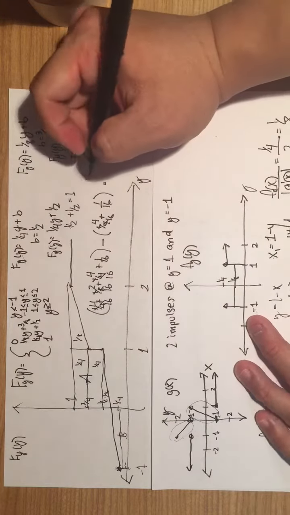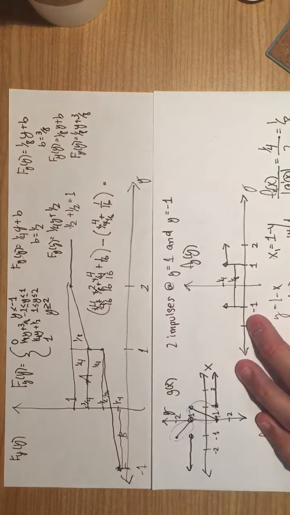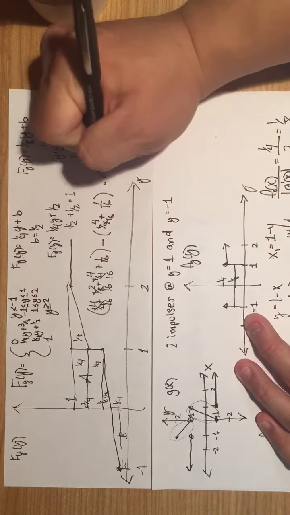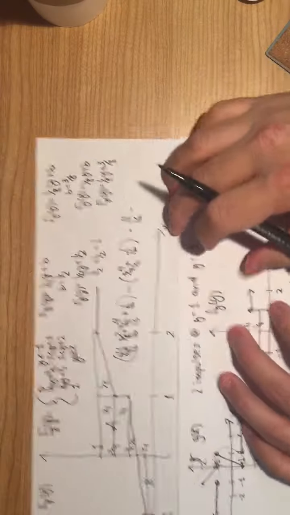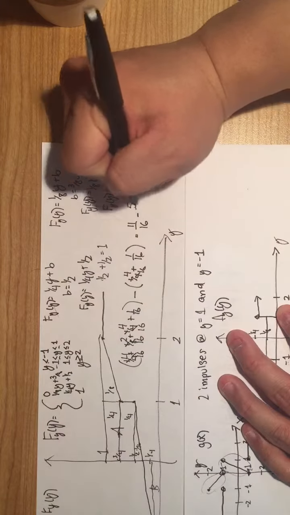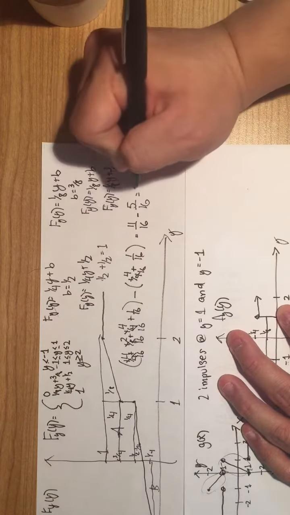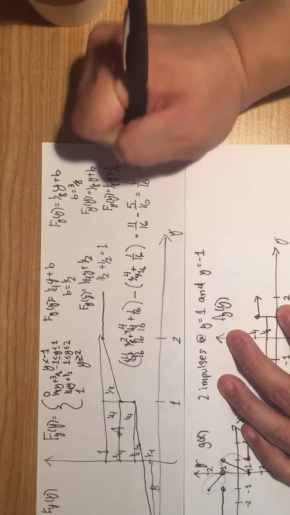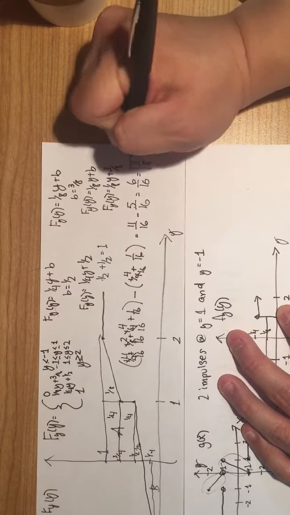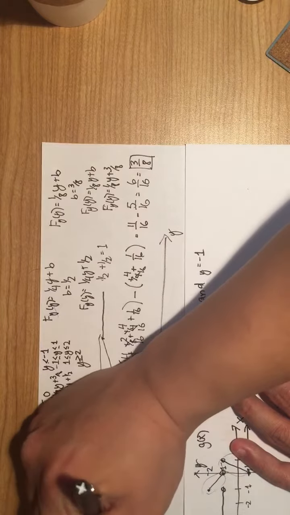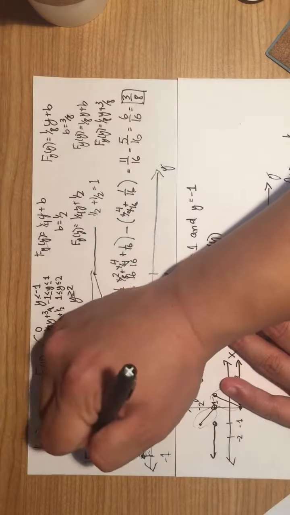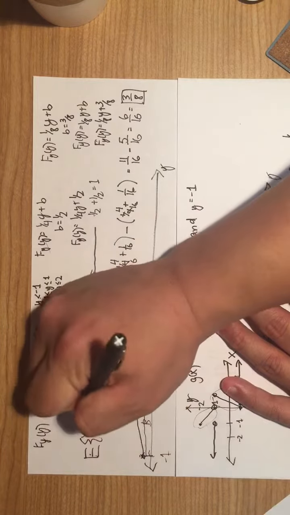You get 4 plus 2 plus 4 is 10, plus 1 is 11/16, minus 5/16, which equals 6/16, which equals 3/8. So my expected value, I'm going to write over here, is 3/8.